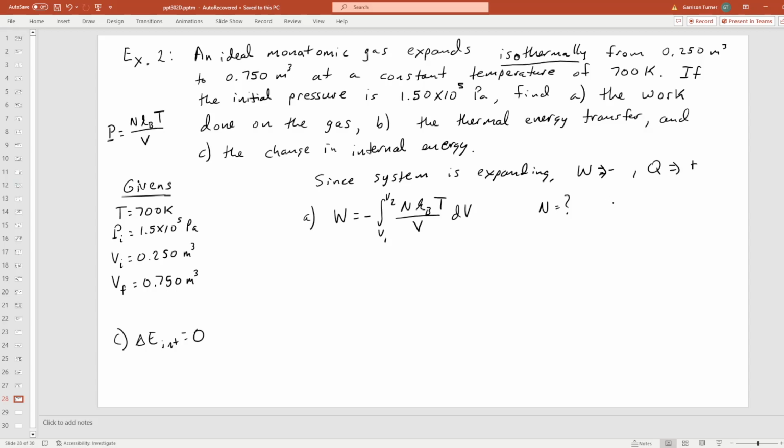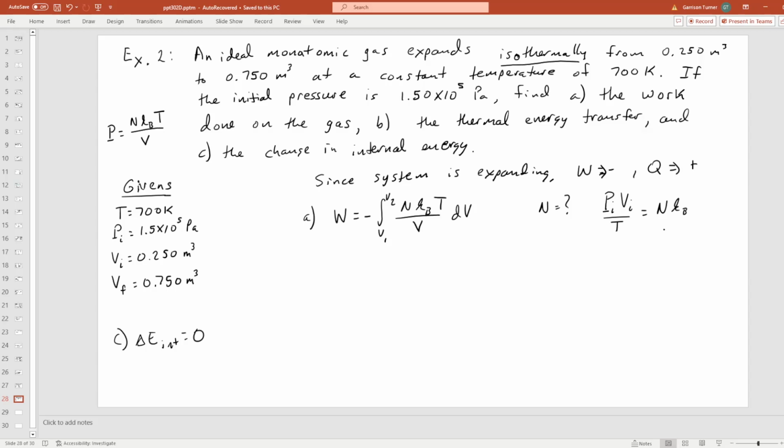So we can get this from the ideal gas law because we know that Pi times Vi divided by T has to equal NKB. So I'm actually going to group these together as a constant and get their product together, okay?